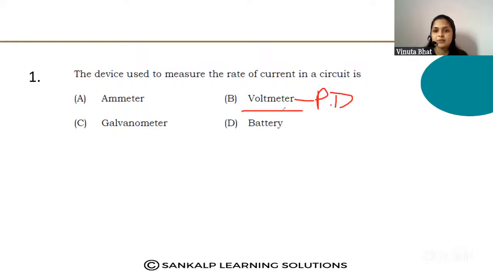Galvanometer is not used for the rate of current; it is used to detect the intensity of the current. The correct option is ammeter. So ammeter is used to measure the rate of current in the circuit. Option A is the correct answer.